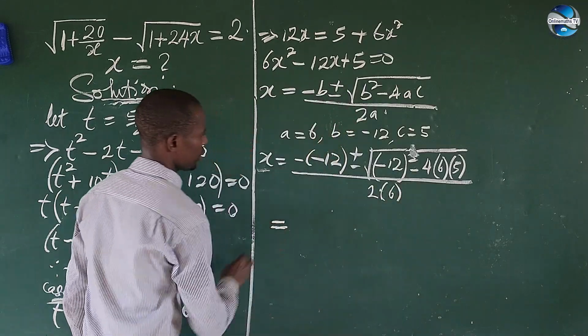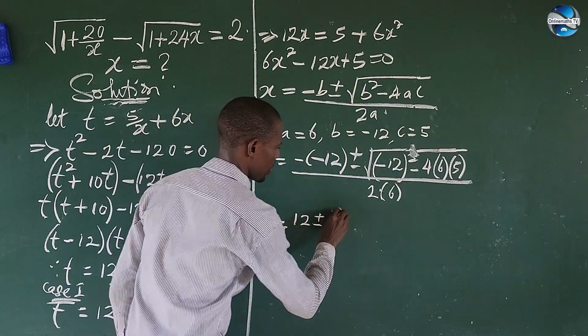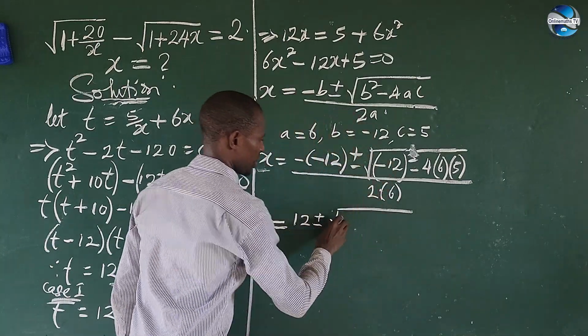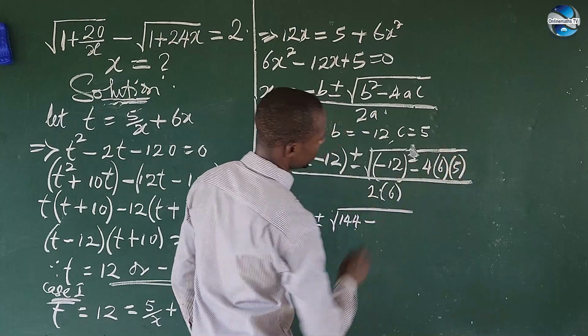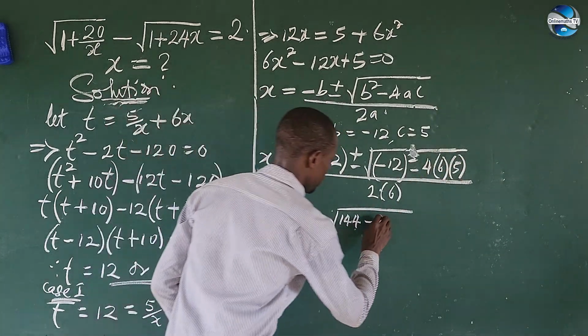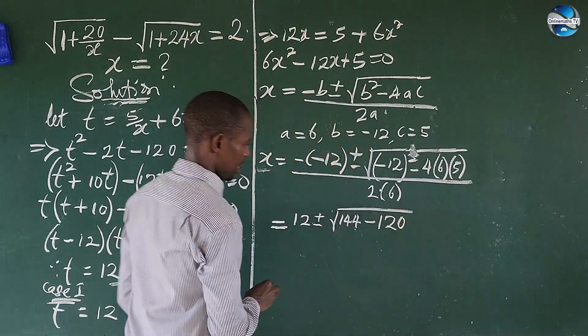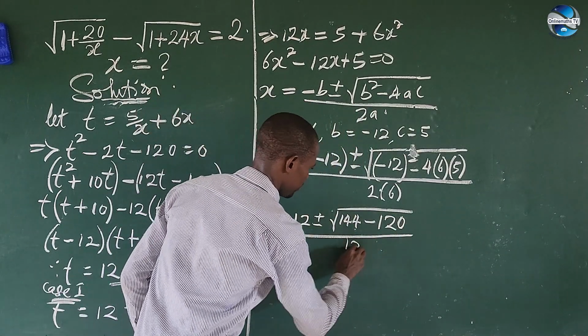So this is equal to positive 12 plus or minus the square root of 144 minus 120, all over 12.